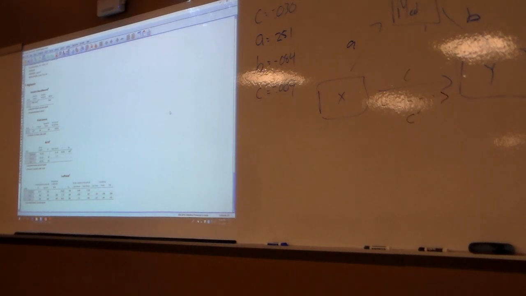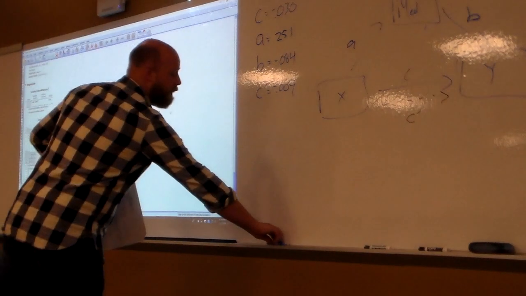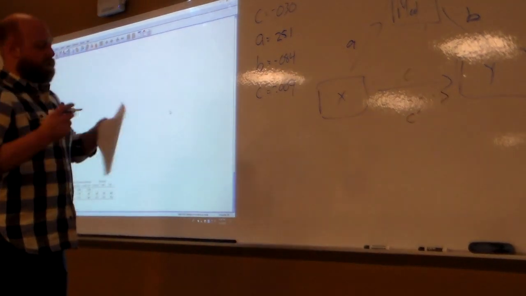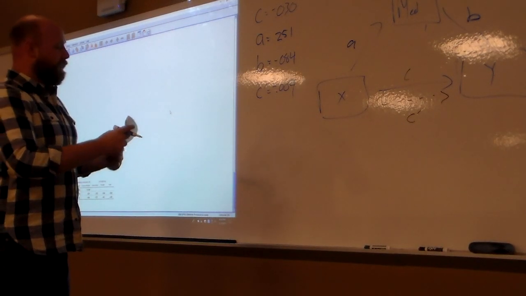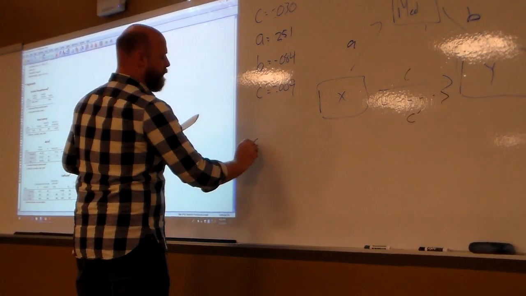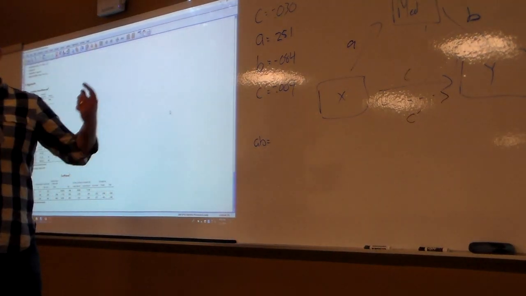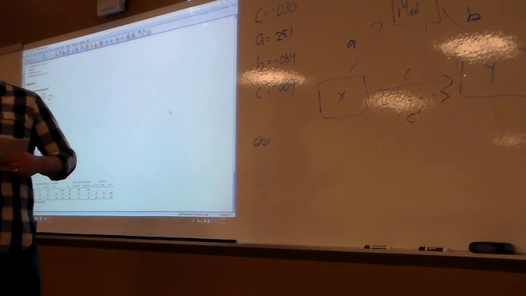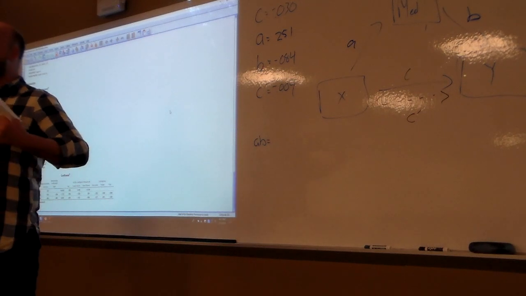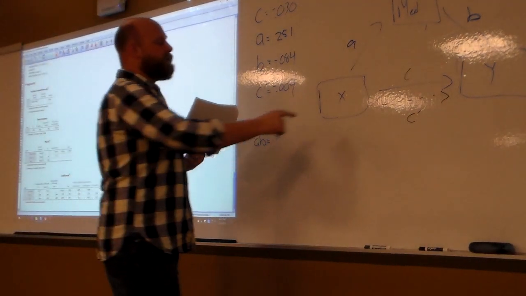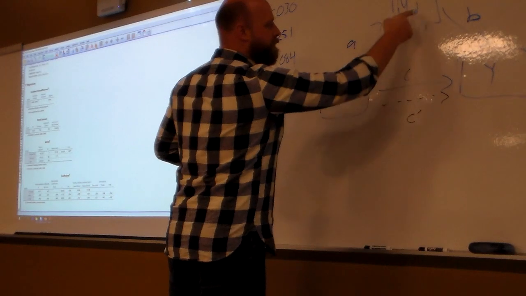And so, if we go through and take a look at this, if I want to determine AB, I want to think about AB as my indirect relation. Your indirect relation is just the magnitude of the relation of x on y through m.